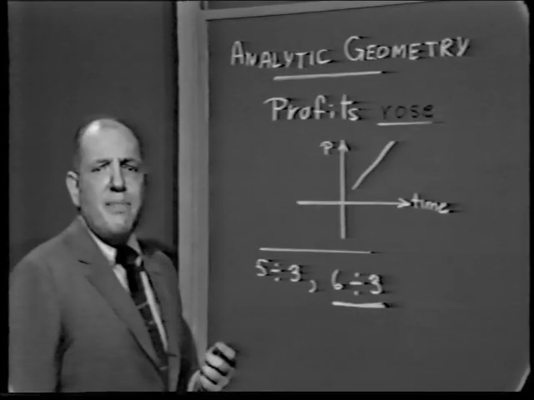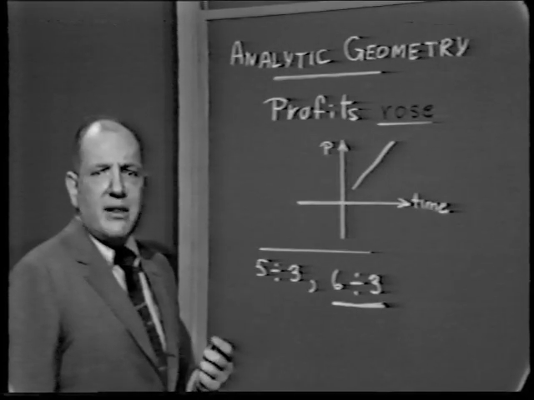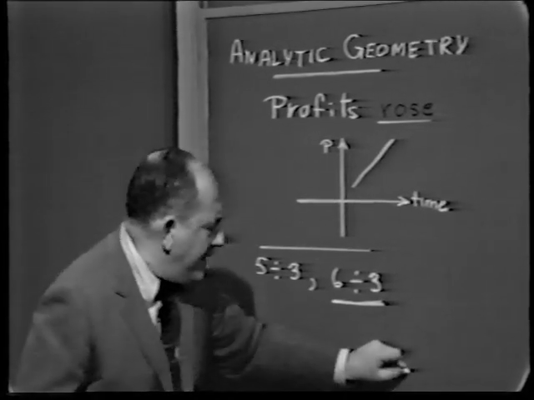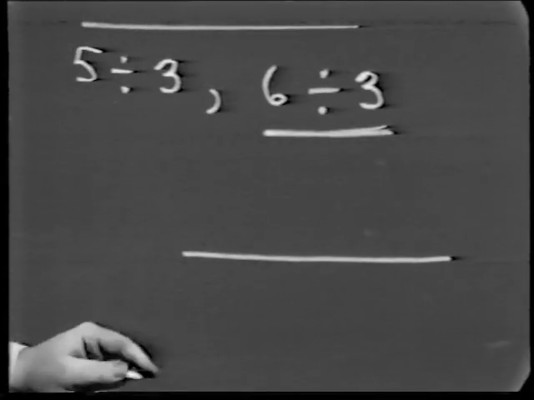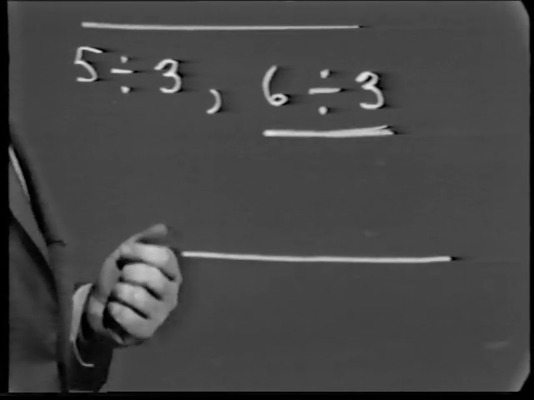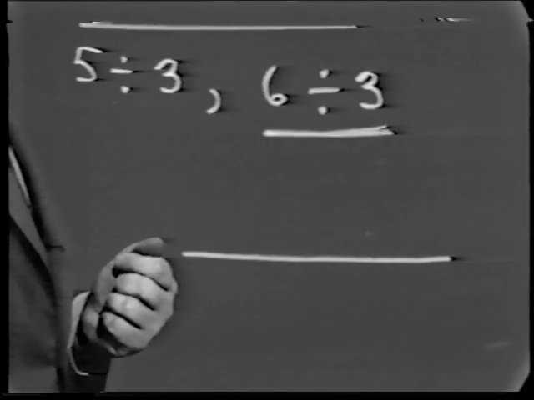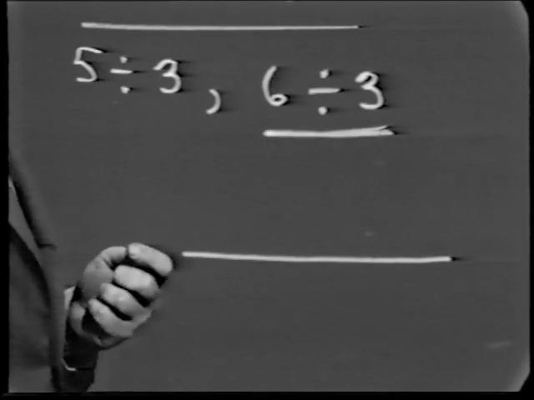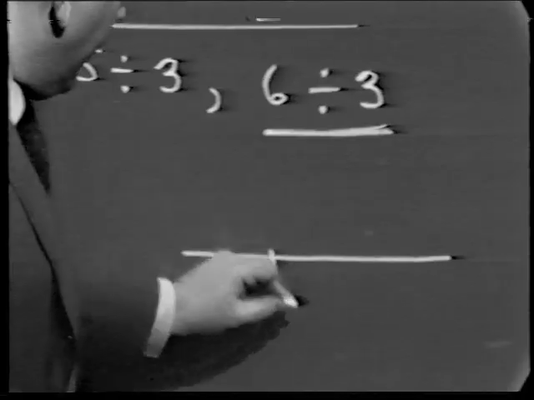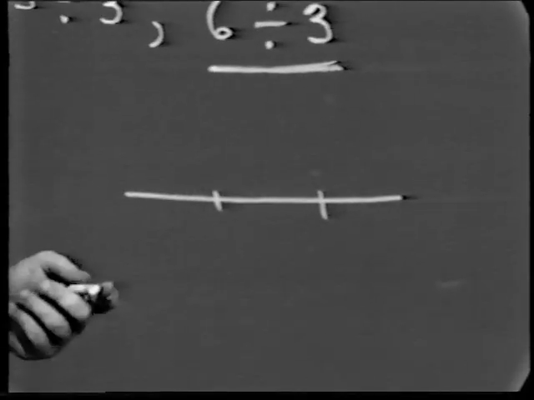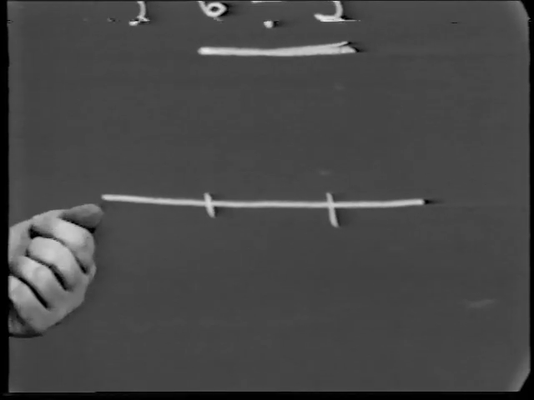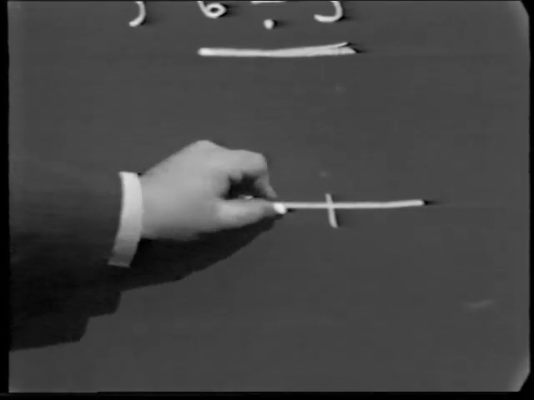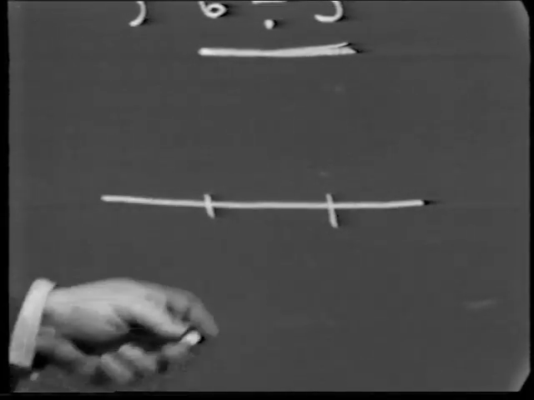However, as soon as we pick length as our model, the idea is this: either one can divide a line into 3 parts of equal length, or one can't divide the line. Now, if I can geometrically divide this line into 3 equal parts, and in plane geometry we learn to do this, then I can divide this line segment into 3 equal parts regardless of how long this line happens to be.